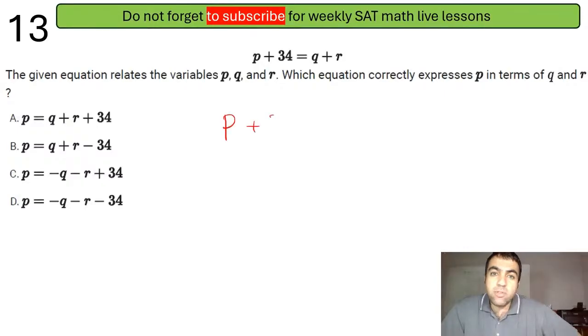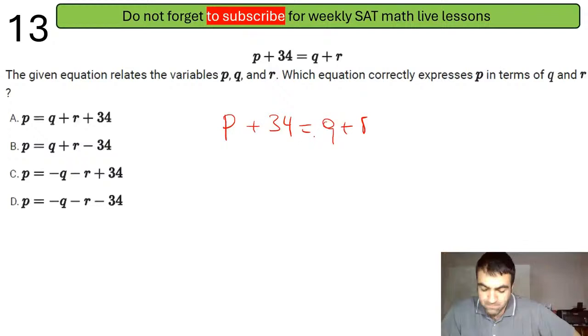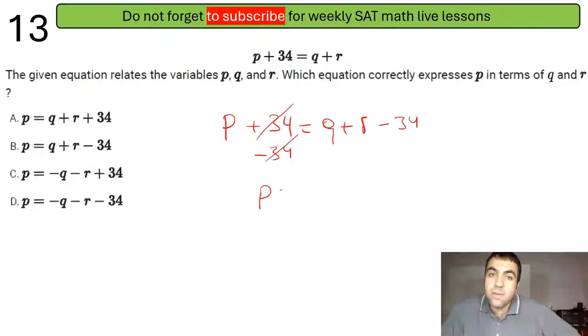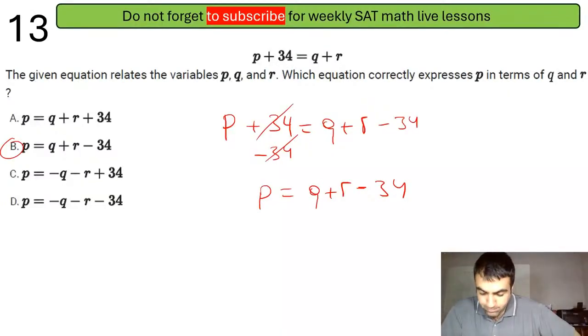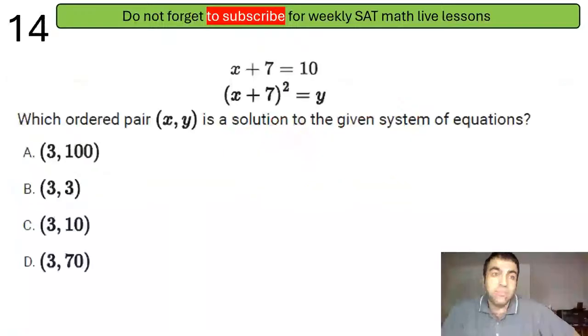P plus 34 is equal to 3 plus R. We should subtract 34 from both sides of the equation, and P is equal to 3 plus R minus 34. This is B. Mr. Sahib, you are right.